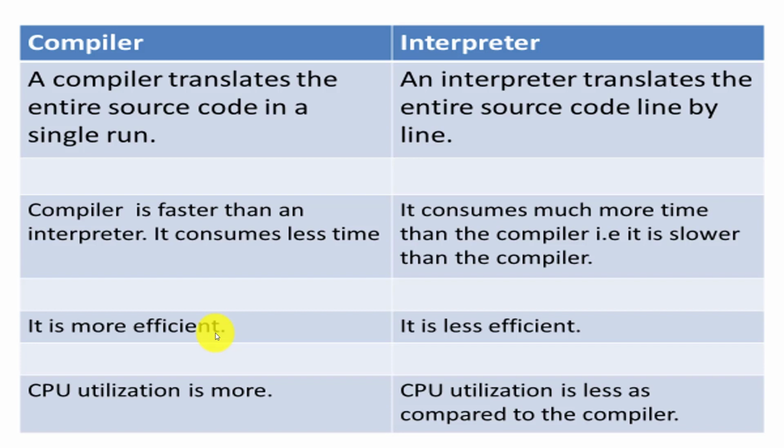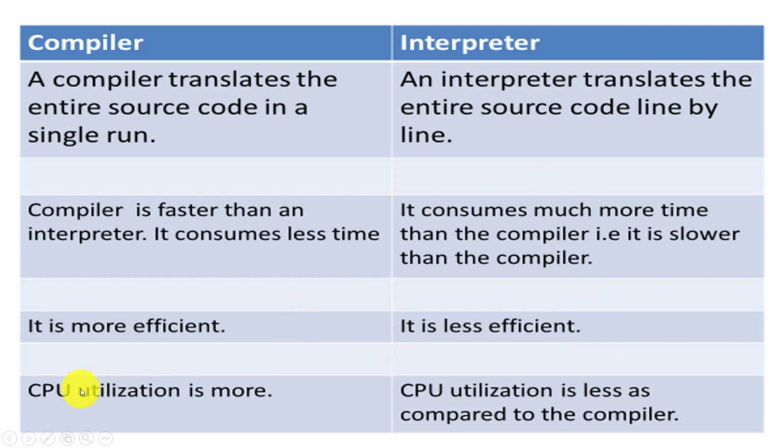So it becomes more efficient. But the interpreter is less efficient because it doesn't generate any object code. It just scans the program or code line by line. That's why it is much less efficient as compared to the compiler.